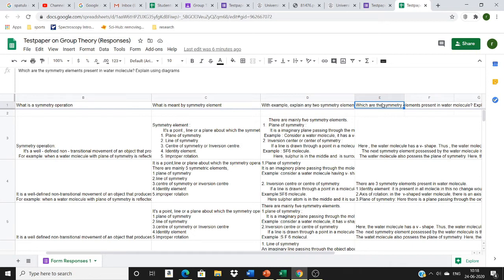Okay. Then we have the plane of symmetry. Again you have to write down, the water molecule possesses two planes of symmetry.